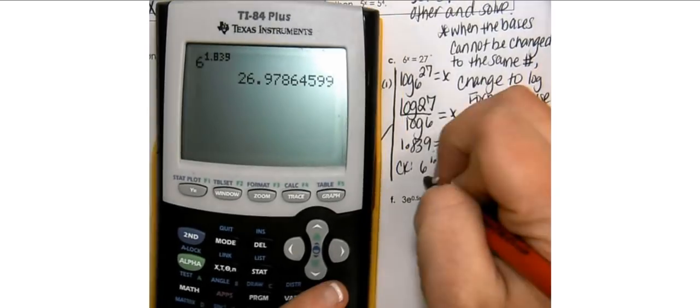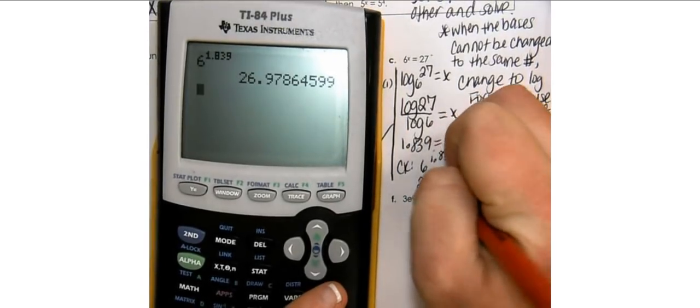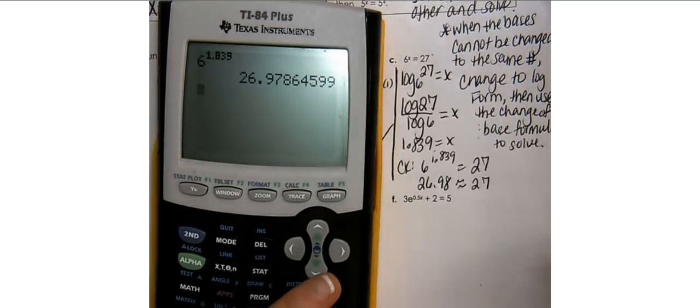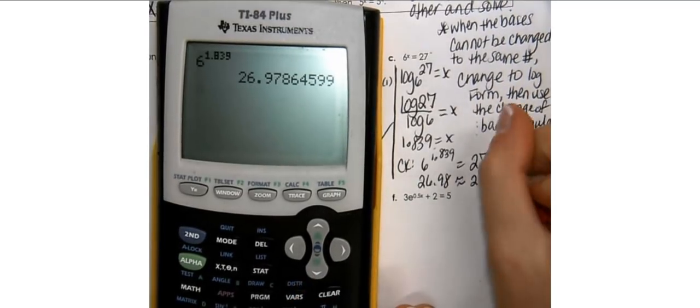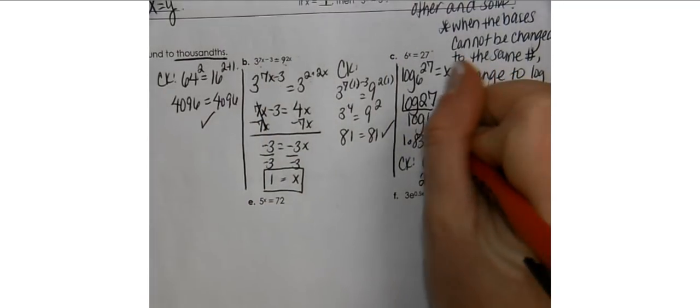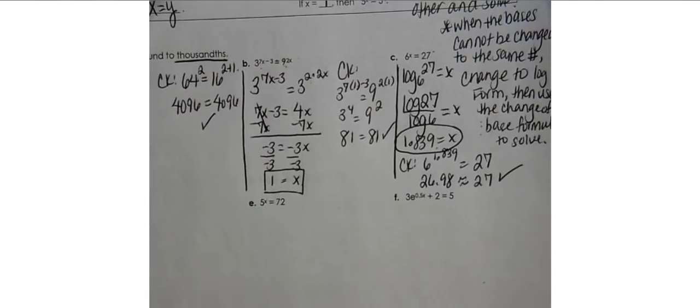And that's pretty close to 27. So because it is so close, we're going to say that it worked. Now, if it was really far off, then that tells you that something incorrect happened. But we're going to say that our answer is approximately 1.839.